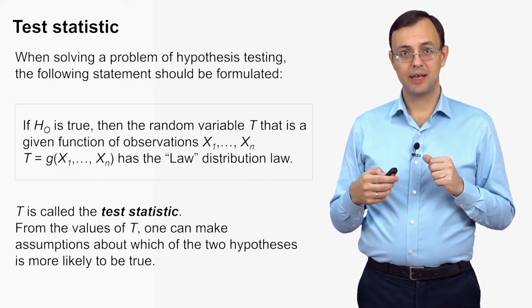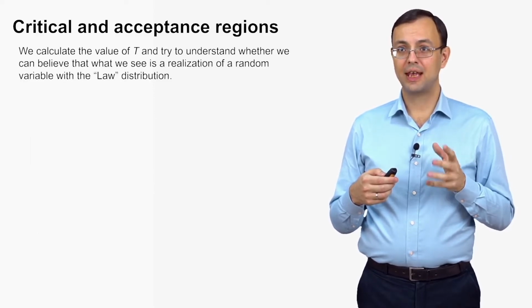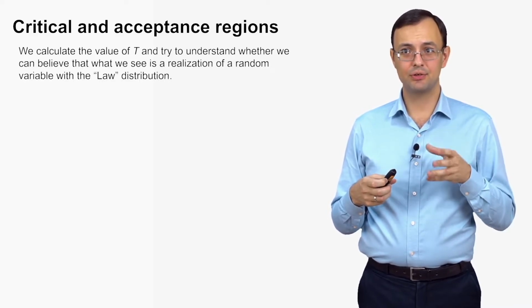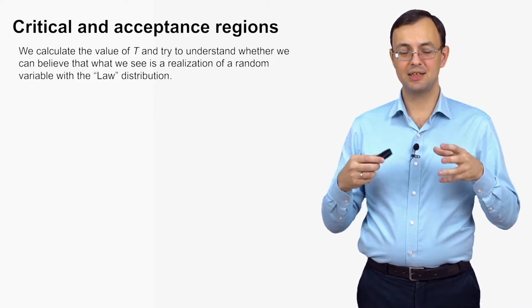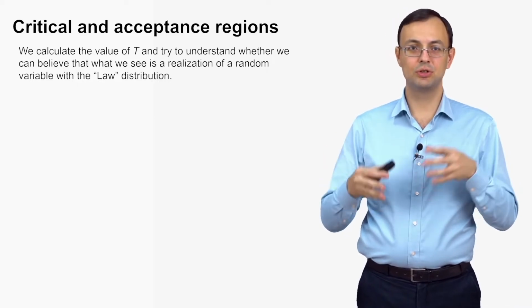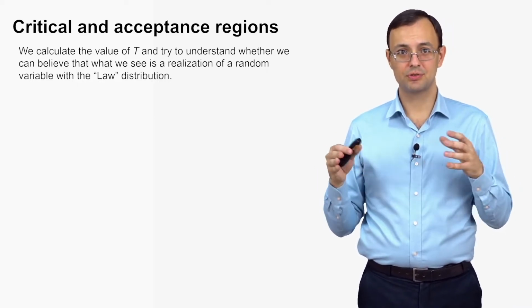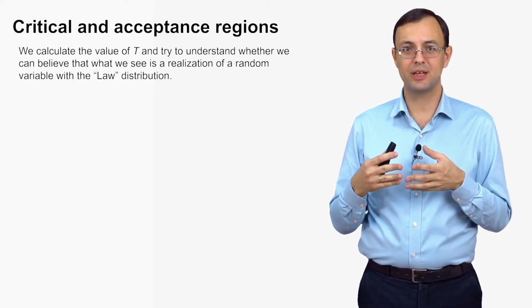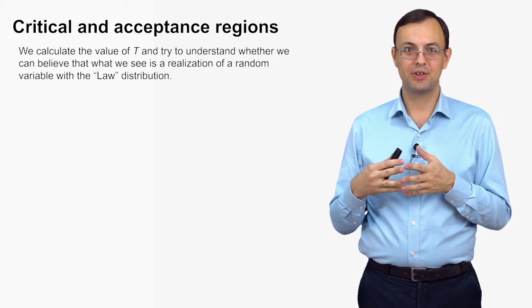Okay, so then you calculate the value of T. So T is a function of observations. You have the observations. So in all problems of mathematical statistics, we have the observations.